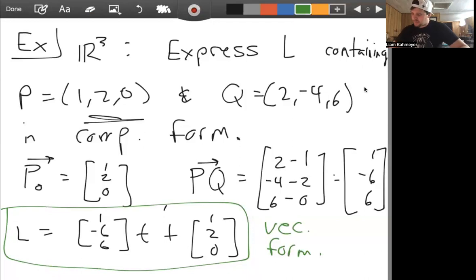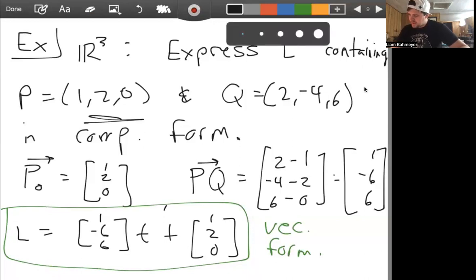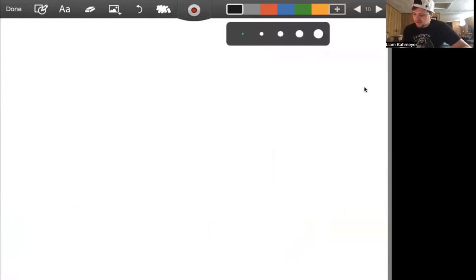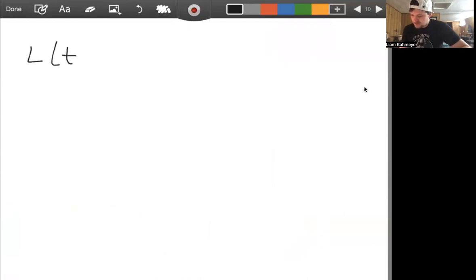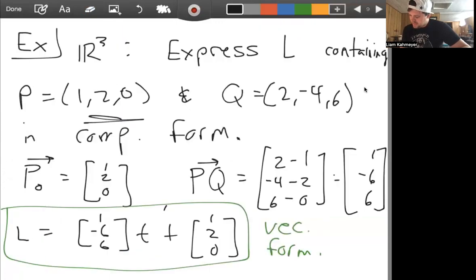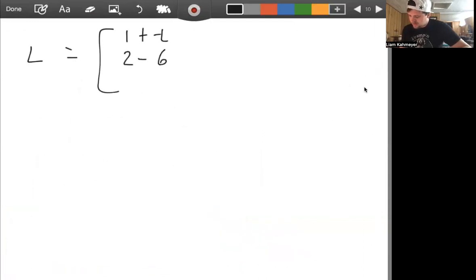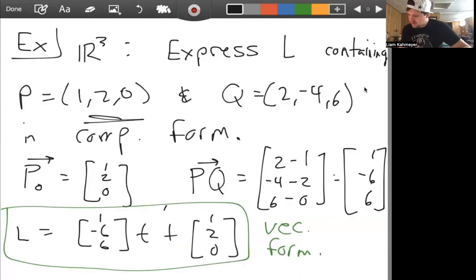But it asks for component form. What does this simplify to, right? Because basically, to get component form, you're just simplifying vector form and then assigning to each variable the respective component, right? So the first component here is going to be 1 plus t, right? And so we have L is given by 1 plus t, and then 2 minus 6t and 6t.